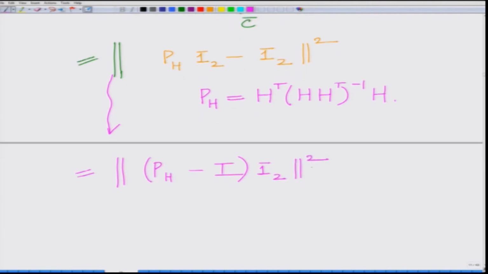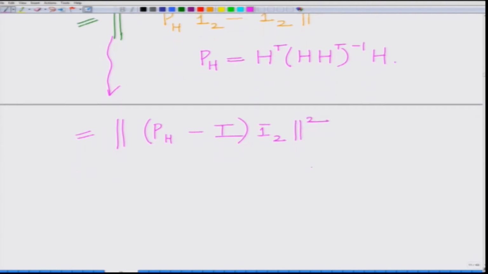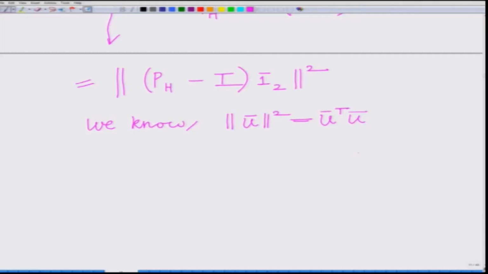Now we know that for any vector u bar, norm u bar square equals u bar transpose u bar. That is, the norm of a vector square is the vector transpose times itself. I am going to use this property here to simplify a little bit.